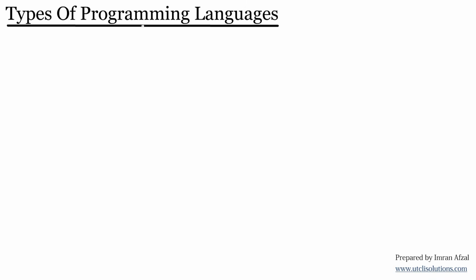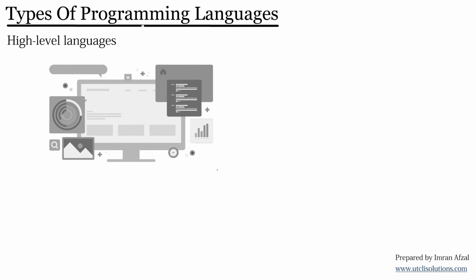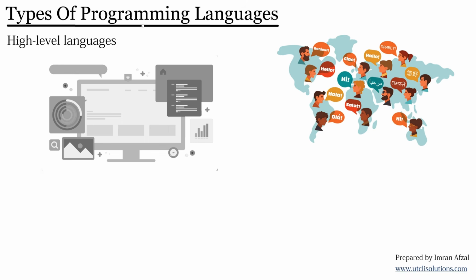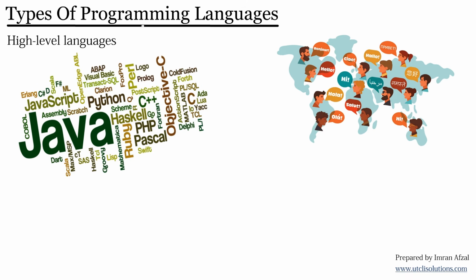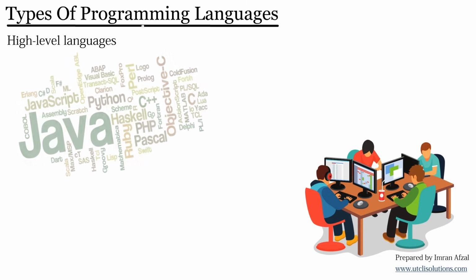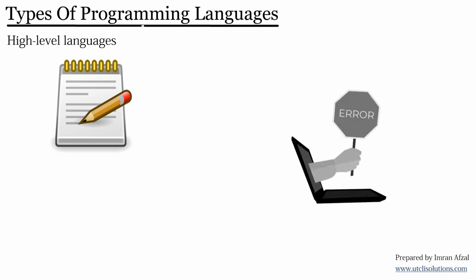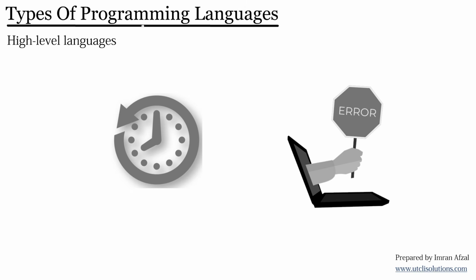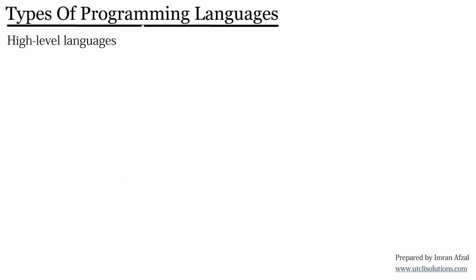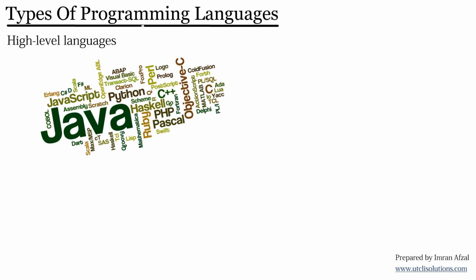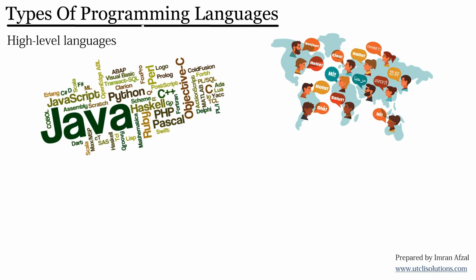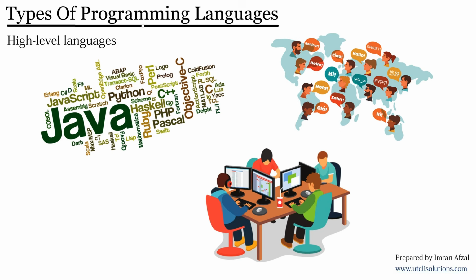On the other hand, high level languages are more user friendly and resemble human language. By utilizing these high level languages, programmers can write code more efficiently and effectively, reducing errors and saving time. Also, high level languages are designed to be closer to natural language and allow programmers to express their intentions.